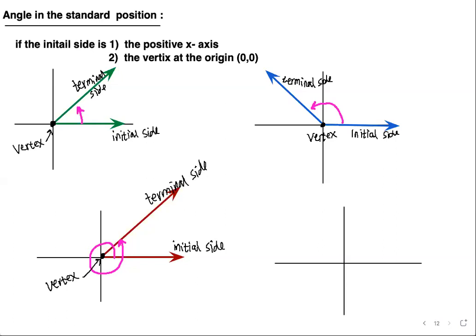If I turn around 2 times and this is where I stop, this is called my terminal side. Where I start is always called my initial side.